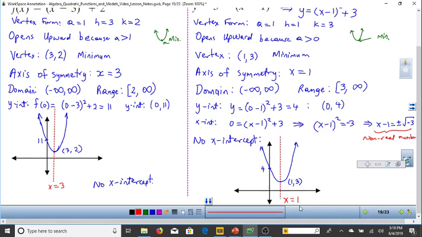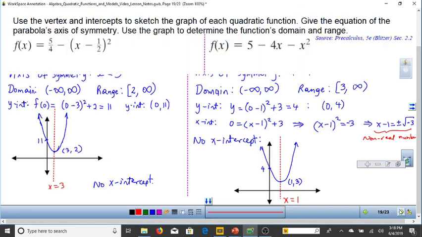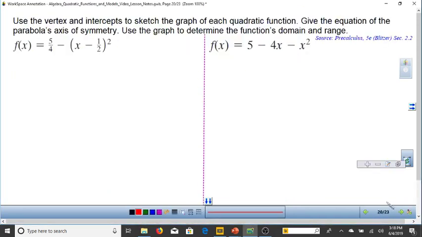Now let's go to something a little bit more challenging. In this example here, this still looks like vertex form. It just looks a little backwards. So let me rewrite this.